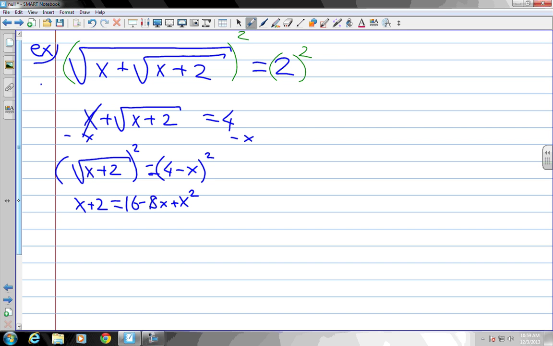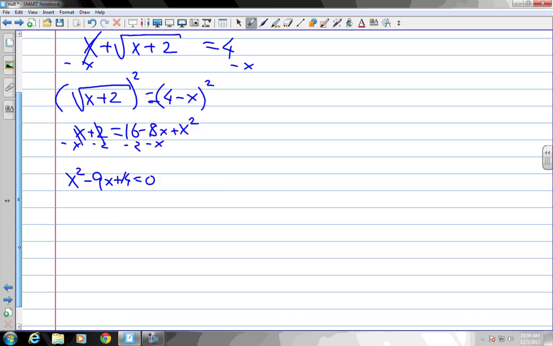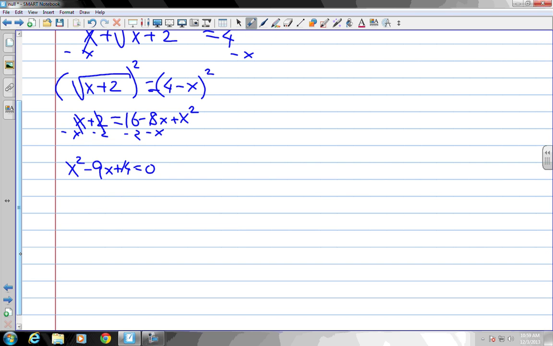No, so I can go ahead and solve that, which appears to be a quadratic equation. So let's get 0 on one side. This is x squared minus 9x plus 14 equals 0. Feels like I should be able to factor that. Numbers that multiply to positive 14 and add to negative 9.